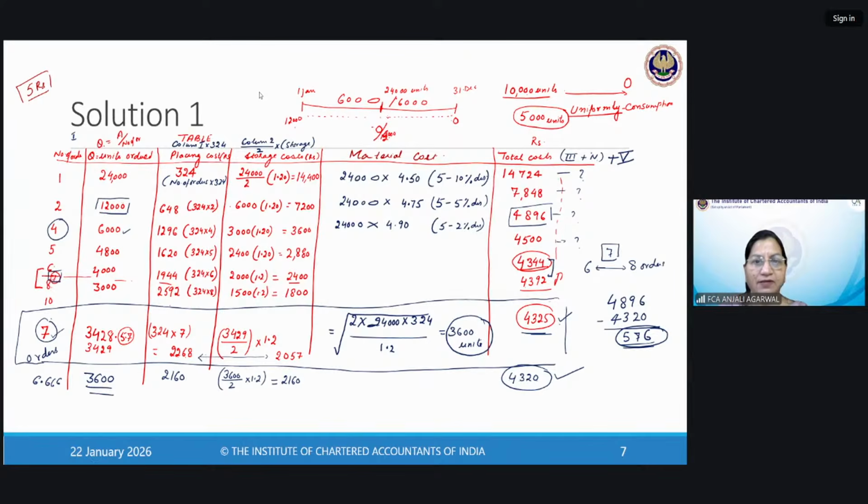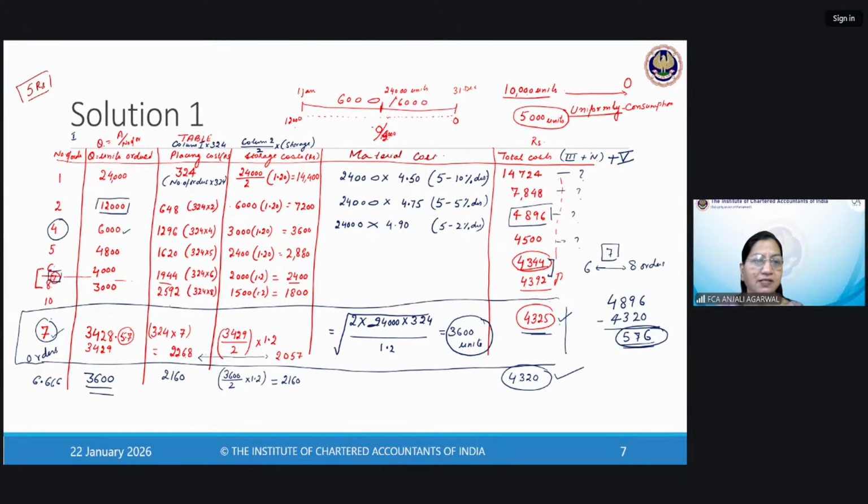If the vendor says, okay, I'm ready to give you a discount of 600, you tell him, okay, we are also ready to place 4 orders in a year and we will order 6,000 units now, not 3,600.